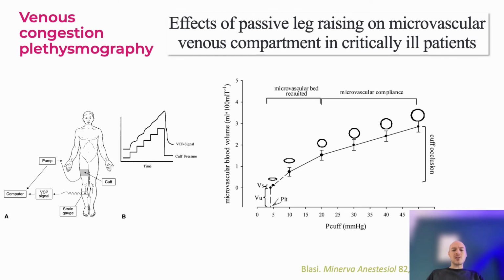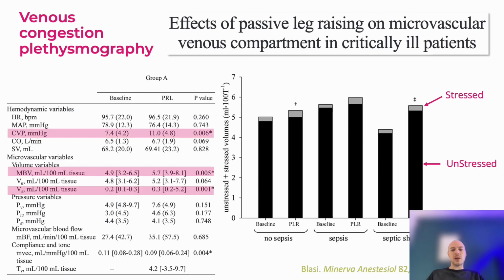The stressed and unstressed volumes can actually be measured with a reinterpretation of the parameters provided by the NIRS in combination with a standard cuff pressure monitor to induce venous congestion. So here the authors performed a PLR in septic patients.